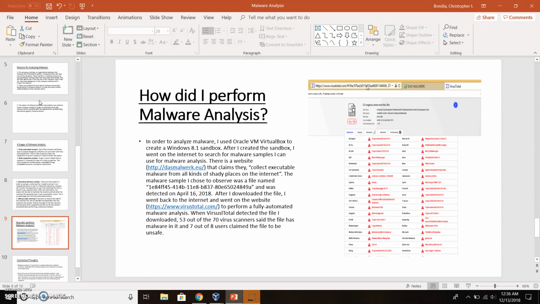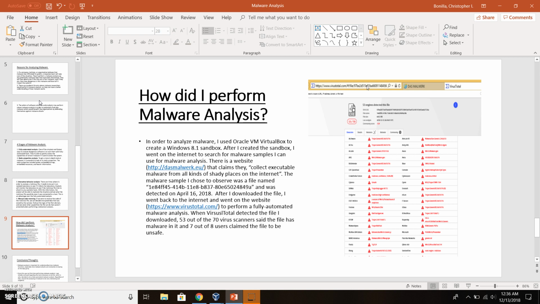So how did I perform malware analysis? Well, in order for me to analyze malware, I used the Oracle VM VirtualBox to create a Windows 8.1 sandbox. After I created the sandbox, I went on the internet to search for malware samples that I can use to analyze malware.